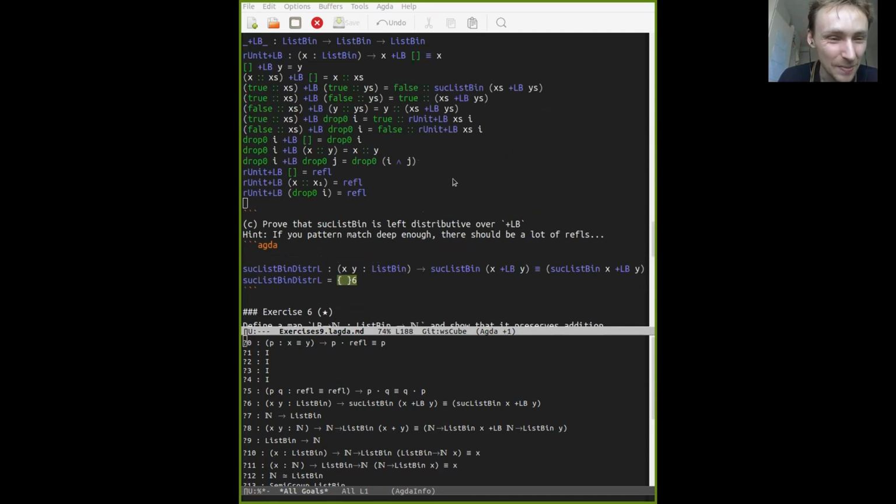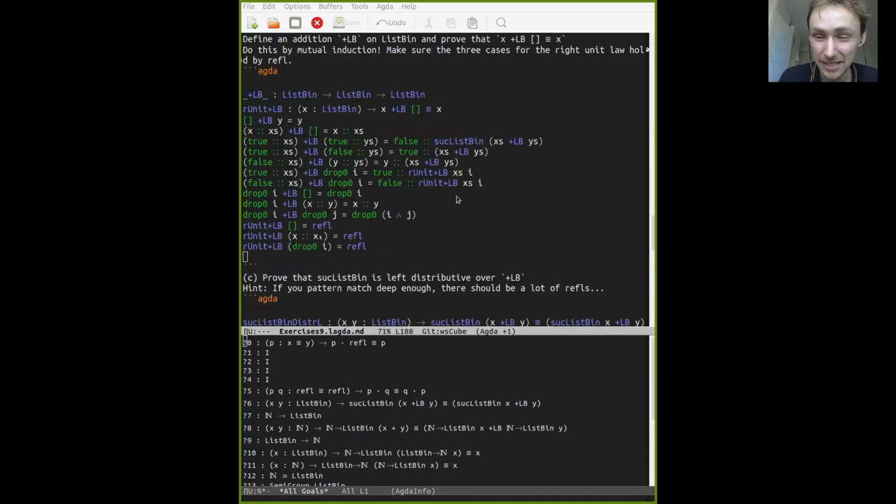It's cool at least. As soon as mutual induction shows up, at least you have something cool. It might not be the nicest construction, but it was the only way I could do it. I was trying to do it directly first without this mutual induction, but it was hard.